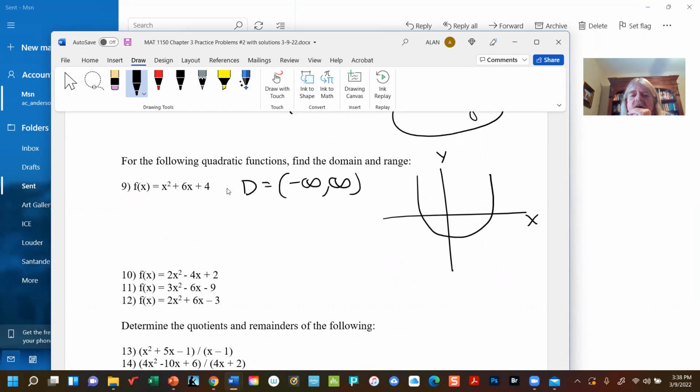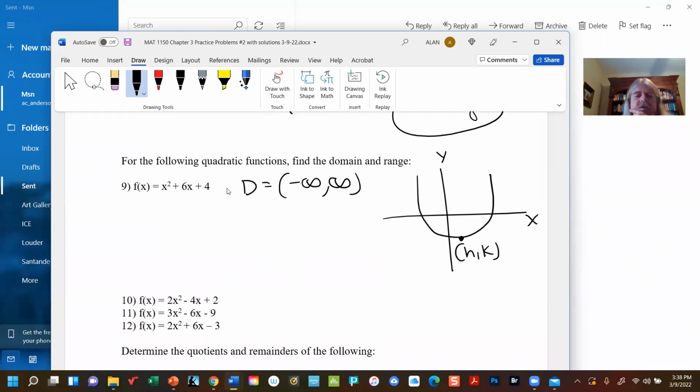But when it comes to y, there's some minimum value. The vertex tells me its minimum value. Now, that would be this k. So as far as the range is concerned, when we note that a is positive, it turns out that the range starts with f of -b/2a, and then it can go up to positive infinity.